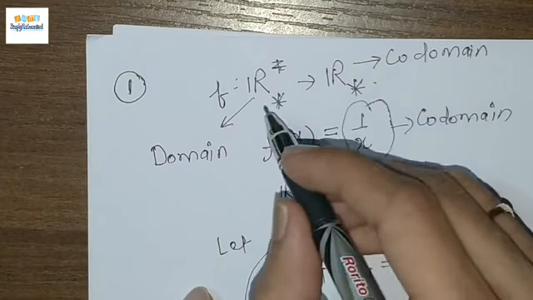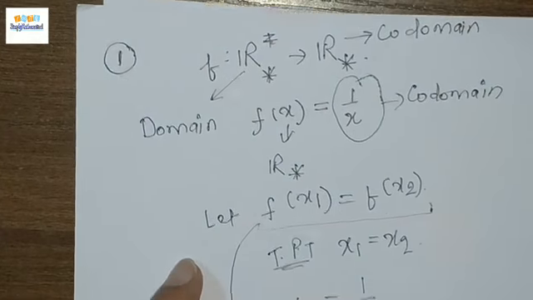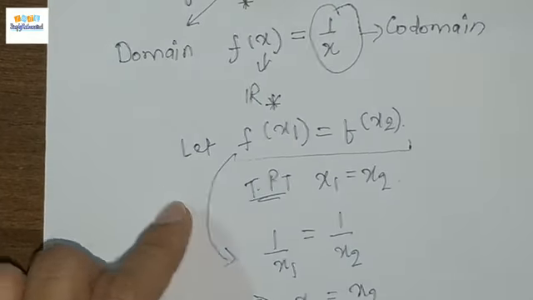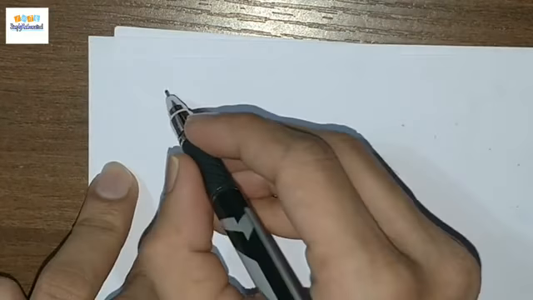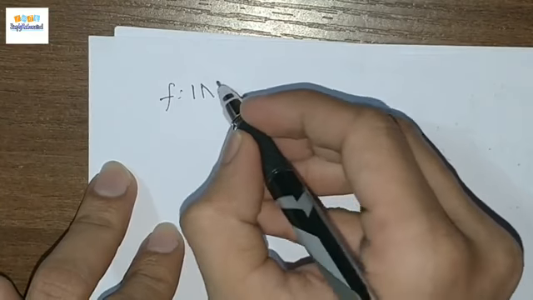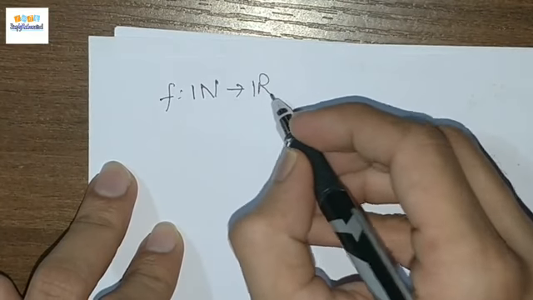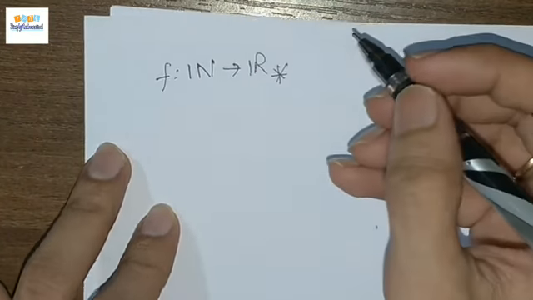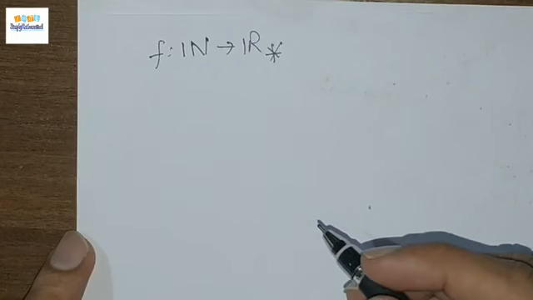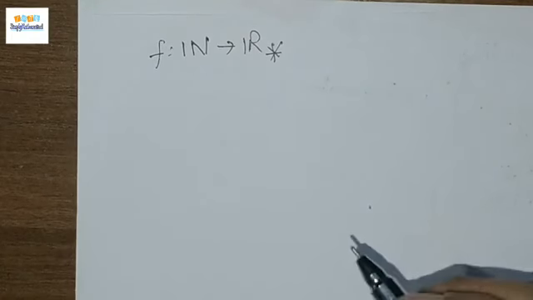This remains the same, but this R star is replaced by the set N. If you are taking this function, then they are asking you whether the result will remain the same or not.